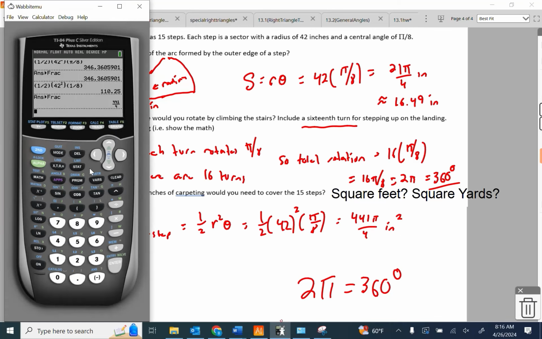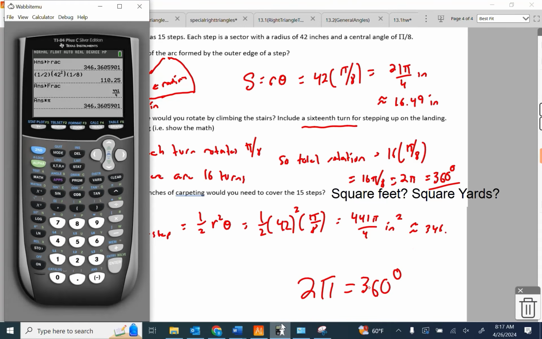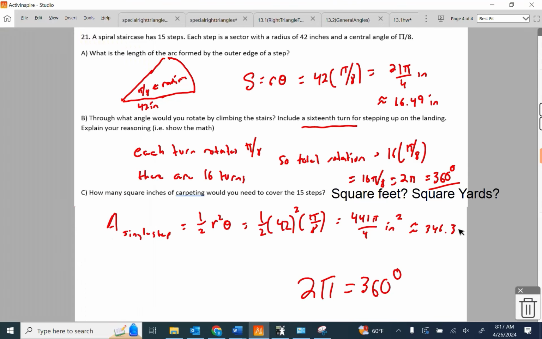If I don't like exact form, I put the pi back in it. I get 346.36 square inches. That's each step.